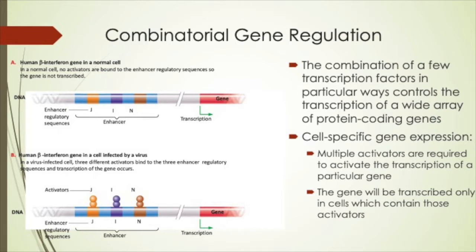Combinatorial gene regulation. So the combination of a few transcription factors in particular ways controls the transcription of a wide array of protein-coding genes. So if you have different genes in the enhancer, you have multiple activators required to activate the transcription of a particular gene, right?